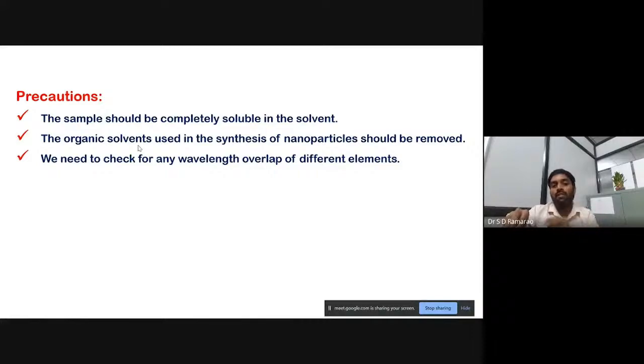Say one wavelength of atom A matches with the wavelength of atom B, then you can choose different wavelengths for the two atoms. There is a provision to select the wavelength when you are doing the experiment, so when you are feeding the wavelengths to the system, it should be taken care of. Okay, so if you take all these precautions, you will end up with very good results.